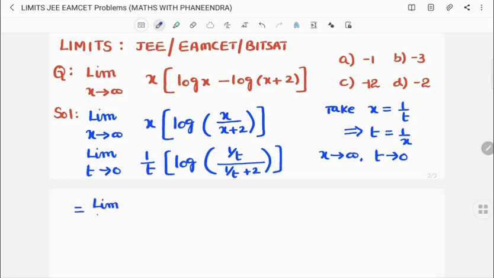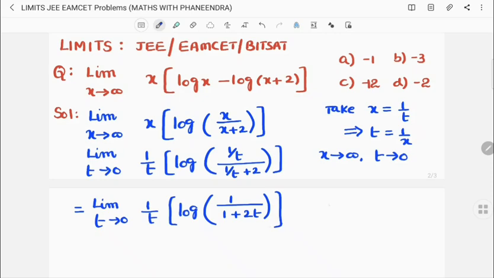Limit t tends to 0, 1 by t into log of, take the LCM and simplify. After taking the LCM, I am writing the direct step. Here t gets cancelled, and 1 by 1 plus 2t will come. Log of 1 by x can be written as minus log x.